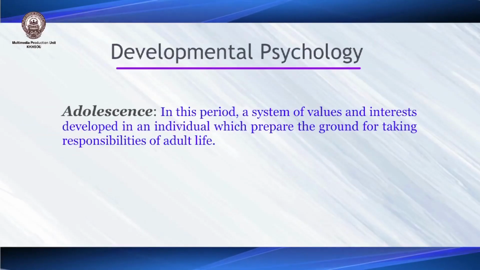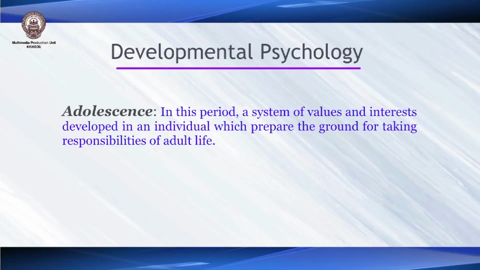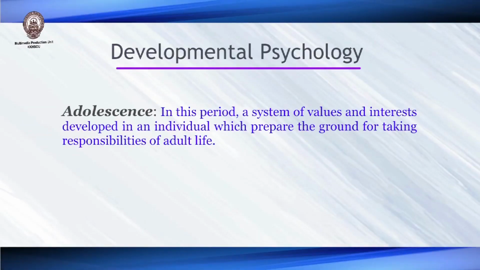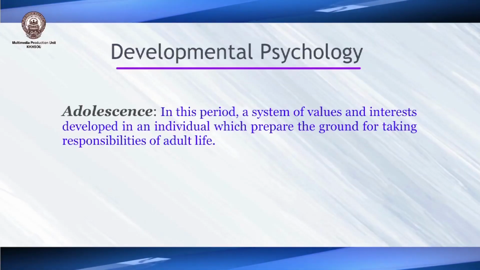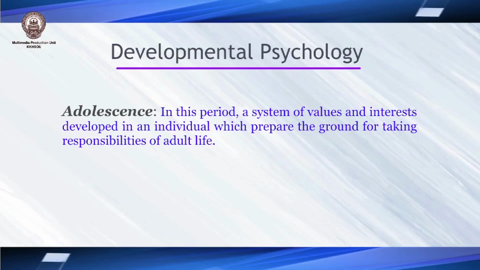Adolescence: in this period, a system of values and interests develops in an individual which prepares the ground for taking responsibilities of adult life. It is also said to be a very confused stage, where a person in the adolescent stage is confused whether he or she belongs to the childhood stage or the adulthood stage, because it is a period of transition.